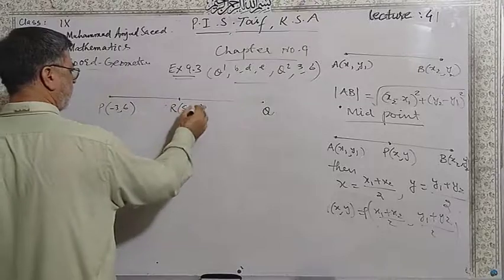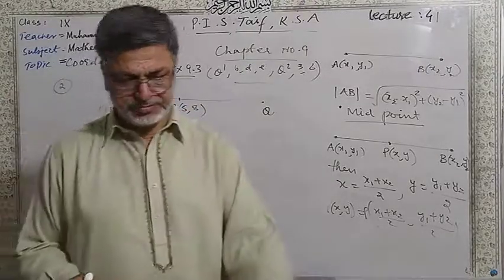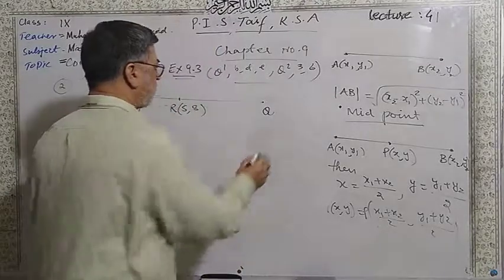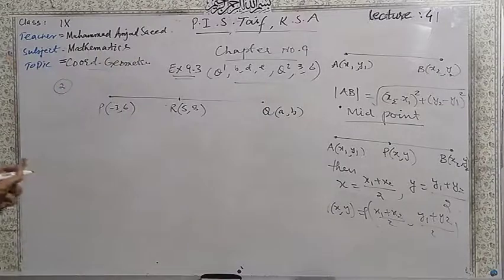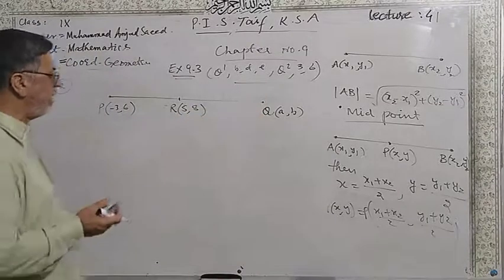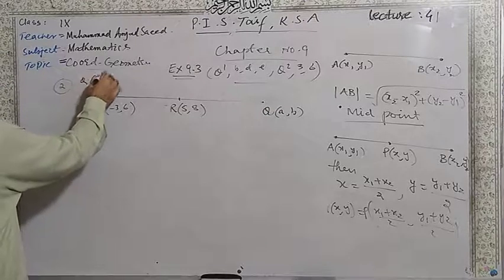Actually, it is (5, 8). Find the coordinates of point Q. Suppose the coordinates of point Q are (a, b). Actually, we have to find Q of (a, b).